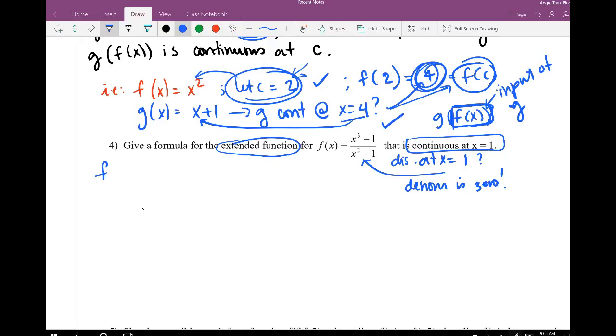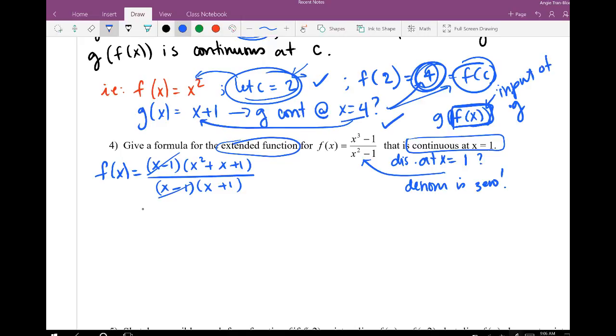So what do we do? This is pretty easy. What we would like to do is, when possible, factor it out. On the top is the difference of 2 cubes, so hopefully we remember how to factor the difference of 2 cubes. On the bottom is the difference of squares, so we are going to factor this out. Notice how now I can cancel this discontinuity.